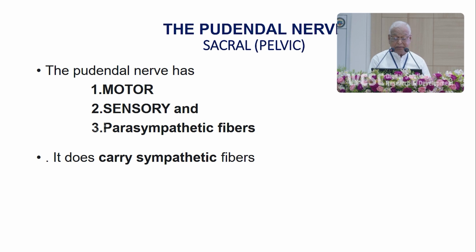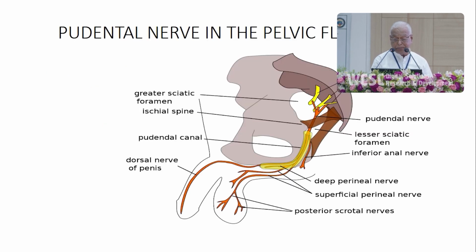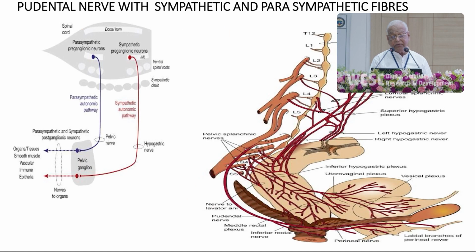The pudendal nerve contains motor, sensory and parasympathetic fibers and does carry a few sympathetic fibers also. And see this picture. Though I said the pelvic muscles are plenty, it is the only one nerve which supplies the whole pelvic area, including the genital organs.